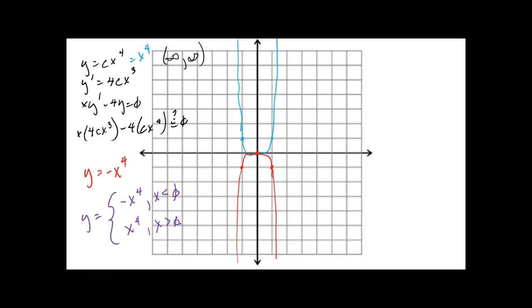And there may be a part of you that says you need an equal sign somewhere in there, and yeah, maybe you do. Either one of these could be an equal, because when x is equal to 0, both of those are 0. So basically what you've got is this leg of your minus function and that leg of your plus function.